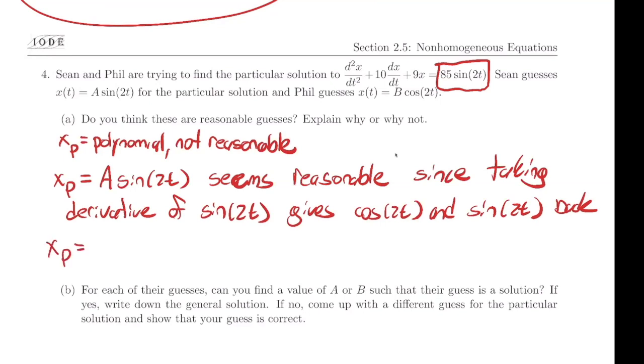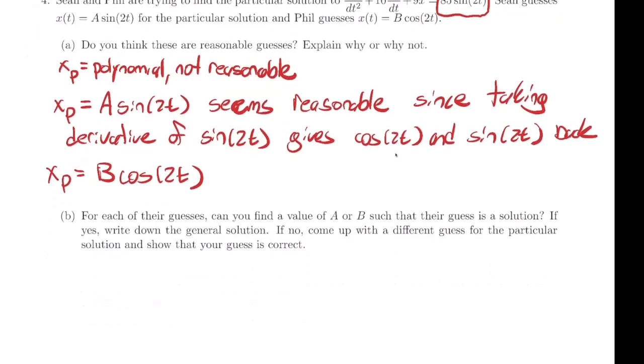And for that same reason, this might be a reasonable guess too. So the direction we're building in here is that our guess for the particular solution should look similar to the forcing function.